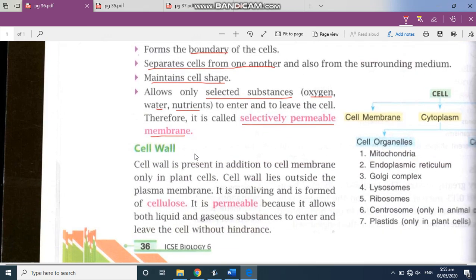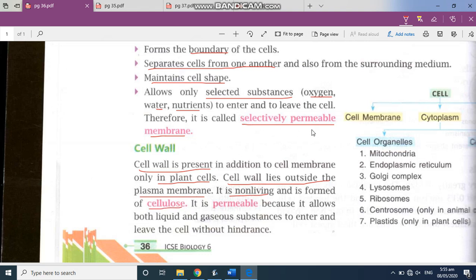Then we have the cell wall. Now there are 2 layers in the plant cell. One is the cell wall, the other is the cell membrane. Now you can write: cell wall is present in the plant cell. Cell wall lies outside the plasma membrane. It is non-living and it is made up of cellulose.